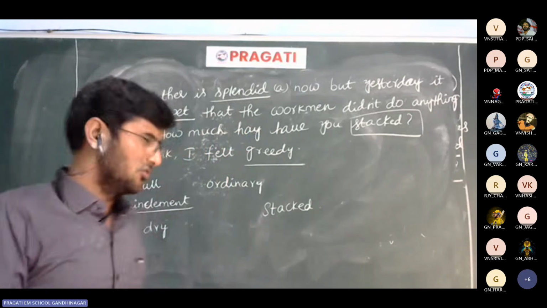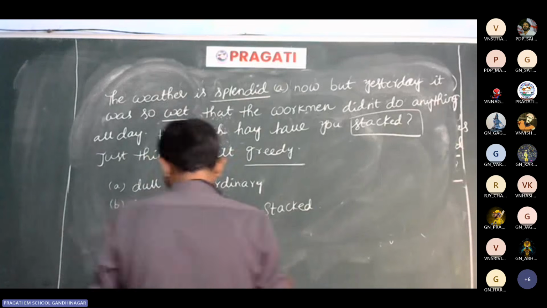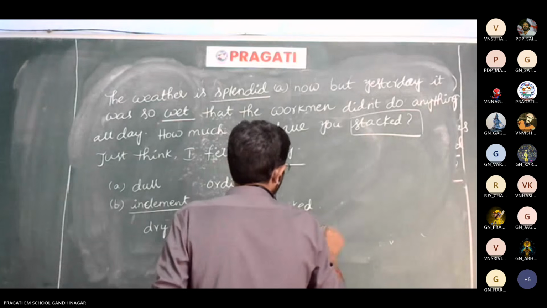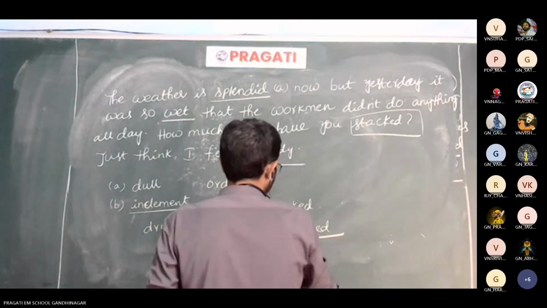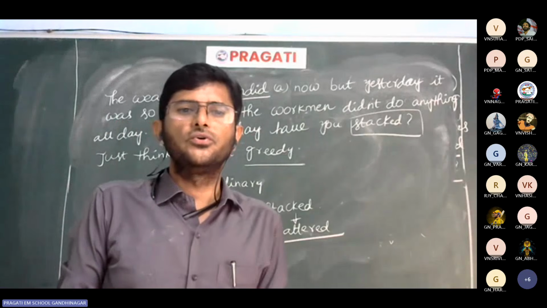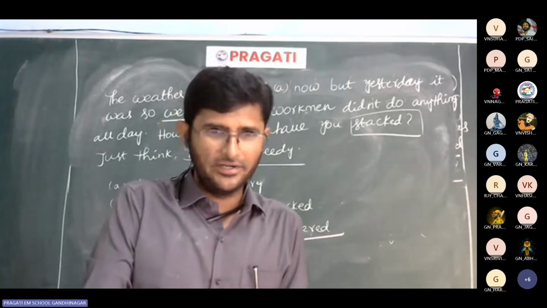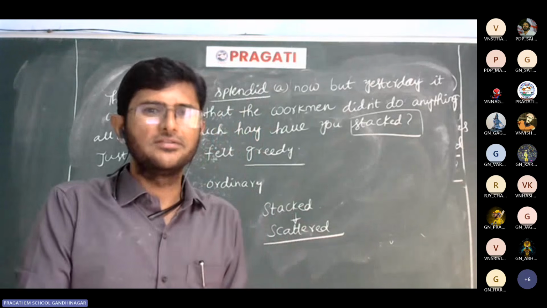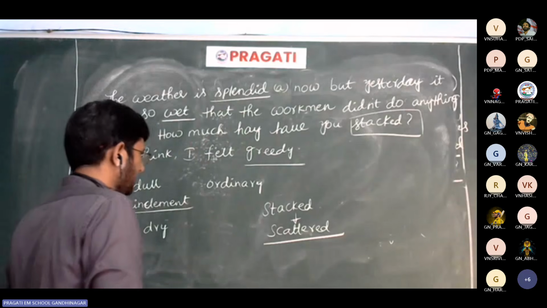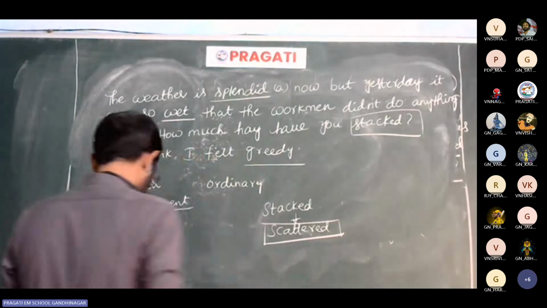All right. So collection is stacked. So what could be its opposite? Its opposite can be scattered. Okay. So when you throw things into different directions when they are at one place, that is what we call scattering, right? So how much hay have you stacked, and its opposite could be scattered, right?